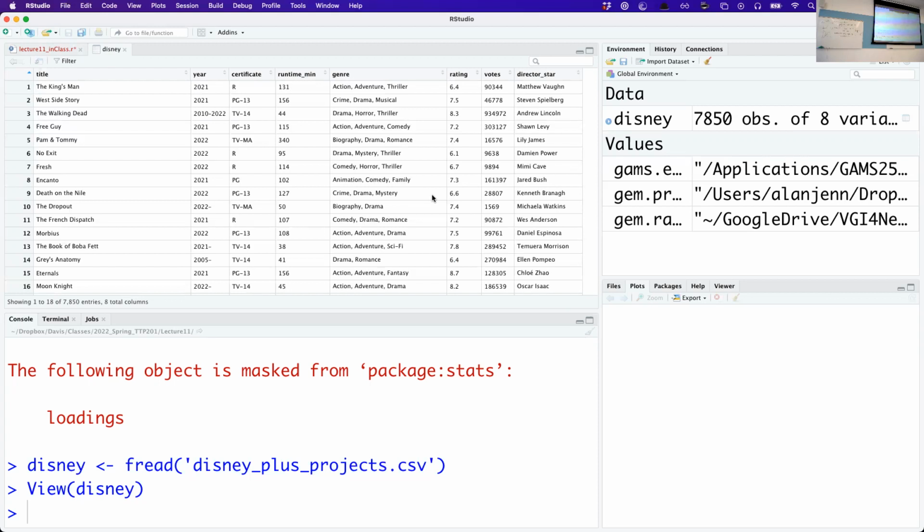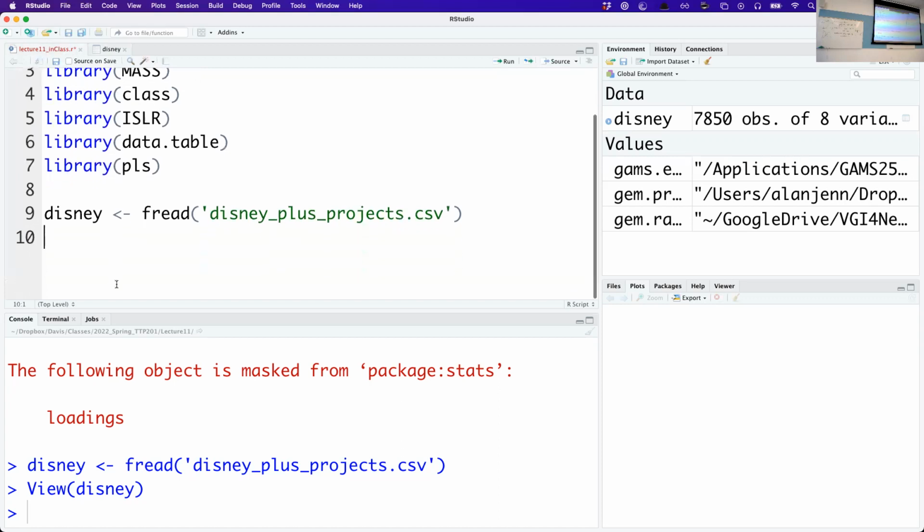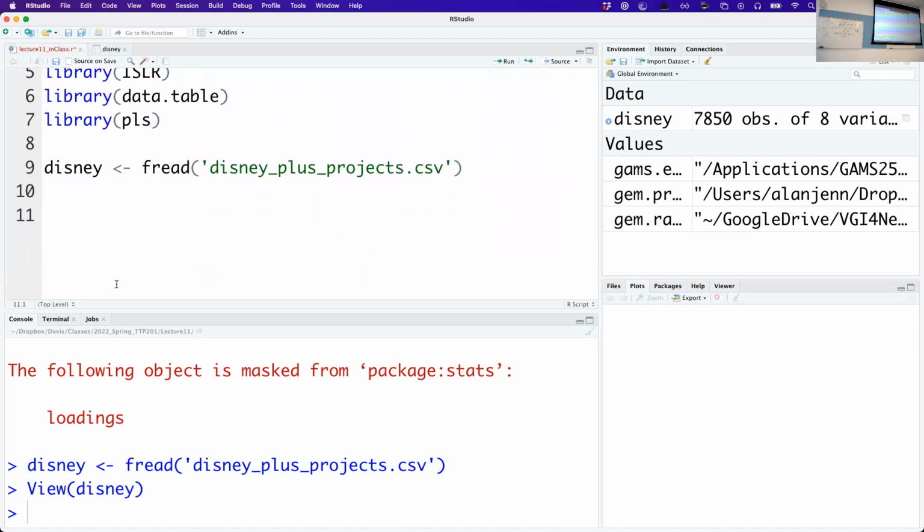Okay. So what I would like to do is see whether or not we can look at, well, let's look at this. I want to look at the relationship between the certificate, which I think is what it's called in this data set, and the runtime or the length of the movie, and the rating.